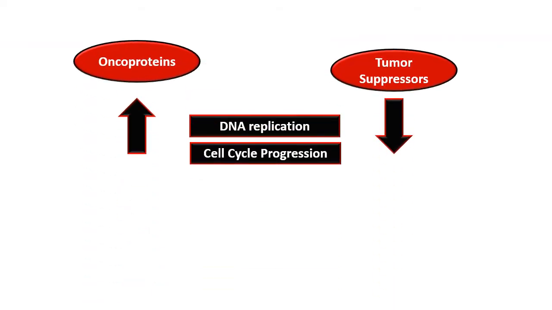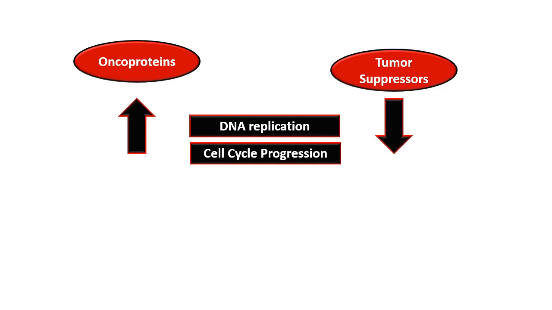The oncoproteins accelerate the DNA replication and cell cycle progression, while tumor suppressors inhibit the cell cycle progression and DNA replication. This cell division is not merely DNA replication.